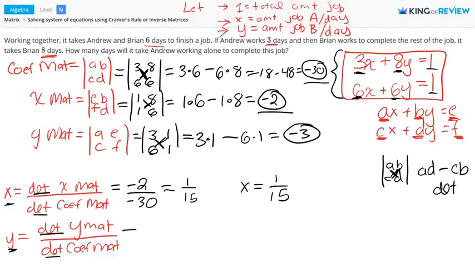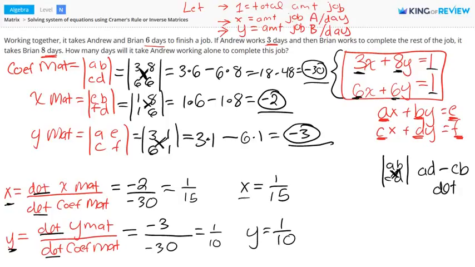And now let's find Y. We take the determinant of the Y matrix, we solved for that here, that's negative 3, over the determinant of the coefficient matrix, that's negative 30. And when we reduce this, negative 3 over negative 30, we get 1 over 10. So we have Y equals 1 over 10.